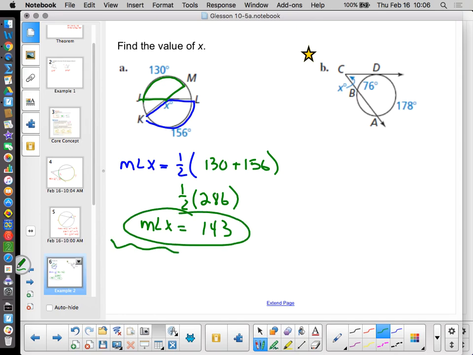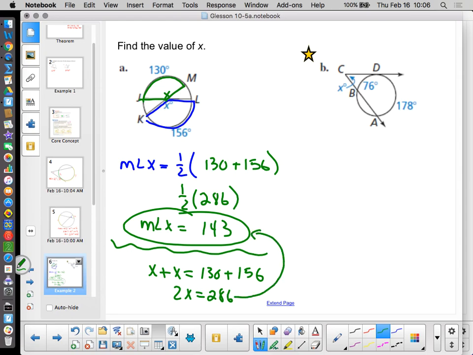The other way we looked at it, we said the sum of the angles is the sum of the arcs. So instead of writing it this way, I could have said x plus x equals 130 plus 156. So 2x equals 286. Divide by 2, and guess what? We have exactly the same situation. It's the same formula.